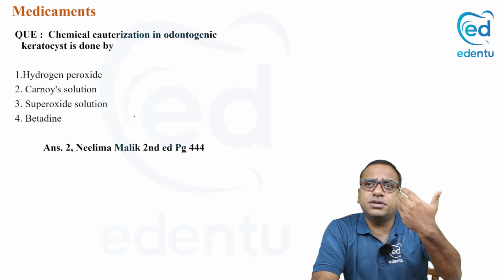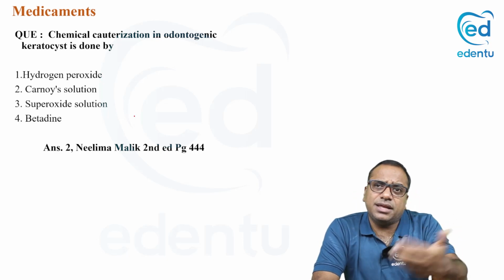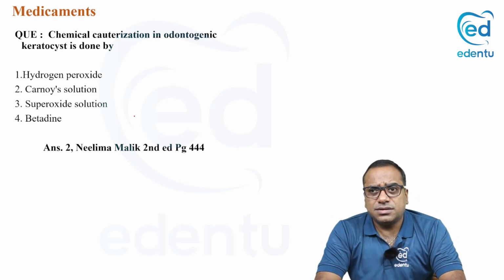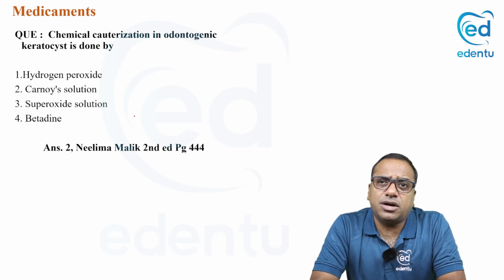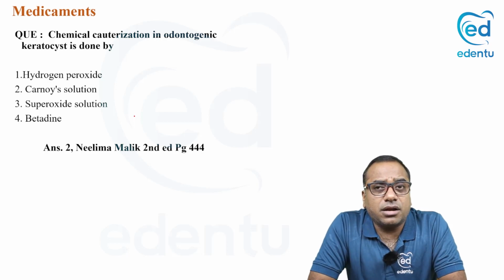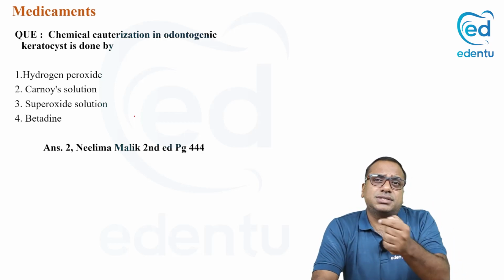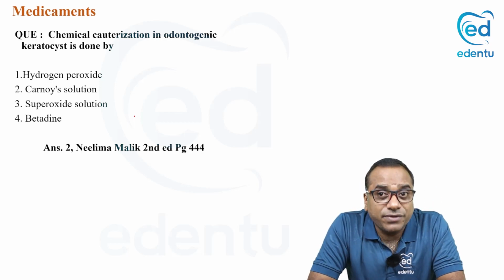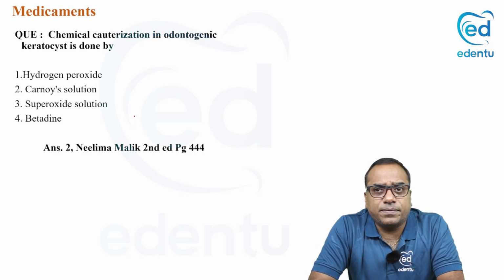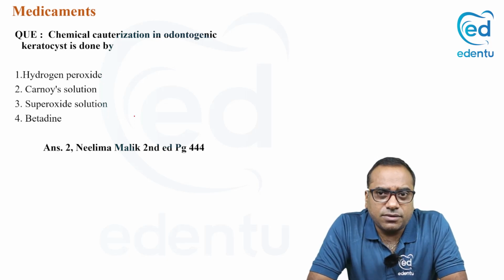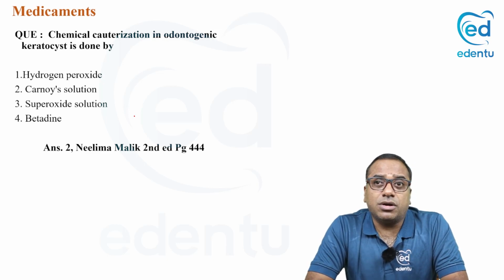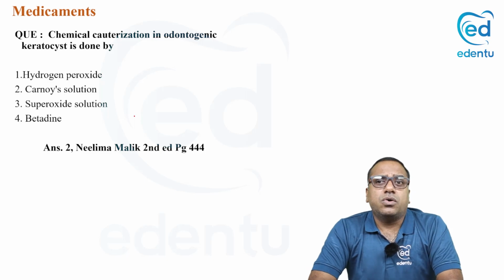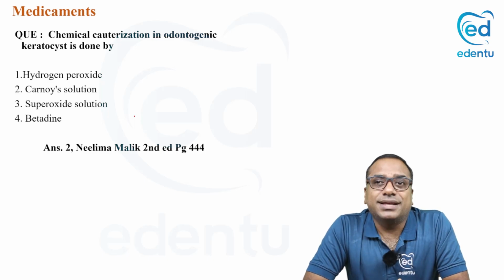First enucleation will be done and all the cystic lining will be taken out. Once you are very sure, manually and with your eyes, that everything is taken out, then you can apply Carnoy solution, and whatever remaining daughter cysts are there will be fixed over there, and then you can do the further follow-ups. So this is all about this topic called medicaments that we use in oral and maxillofacial surgery. Thank you.